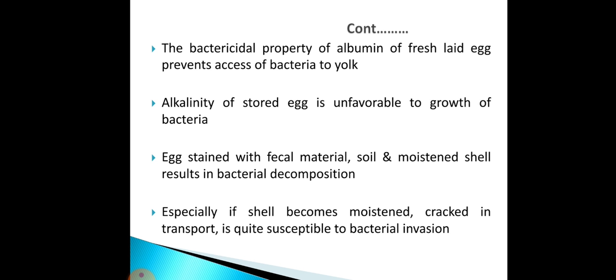So eggs stained with fecal material, soil, and moistened shell result in bacterial decomposition. Especially if the shell becomes moistened or cracked in transport, it is quite susceptible to bacterial invasion.